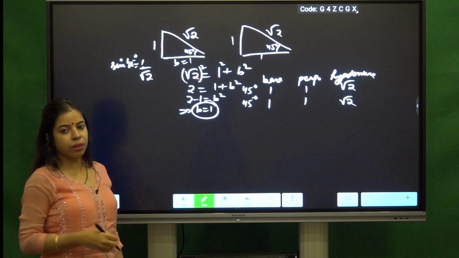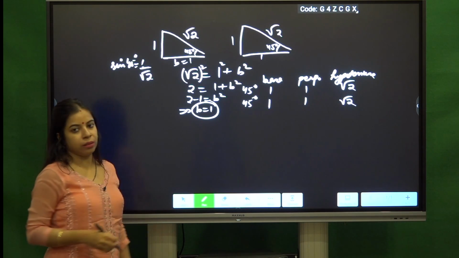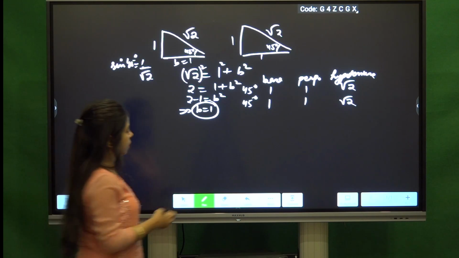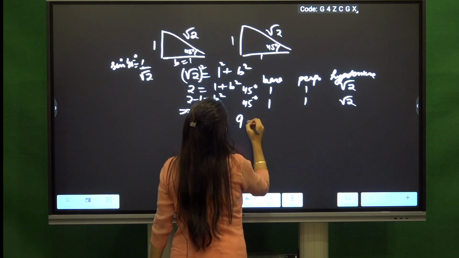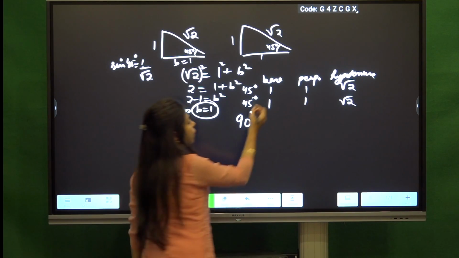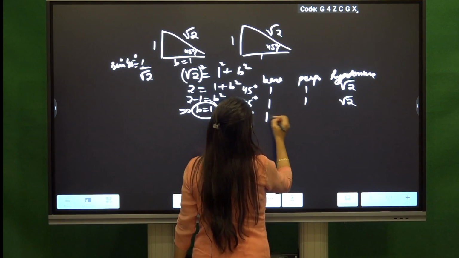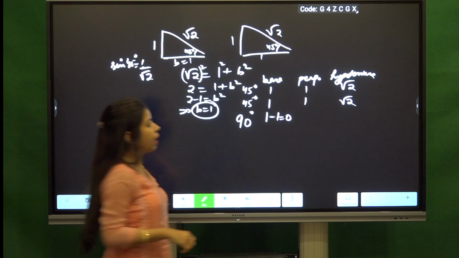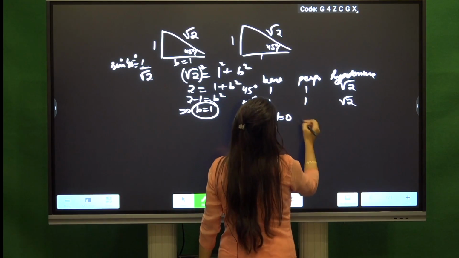So, now if we want to calculate sin 90, cos 90 and so on. What is the formula for the base? 1 into 1, which is 1, minus 1 into 1. So, this is 0. For the perpendicular we have 1 into 1 plus 1 into 1.